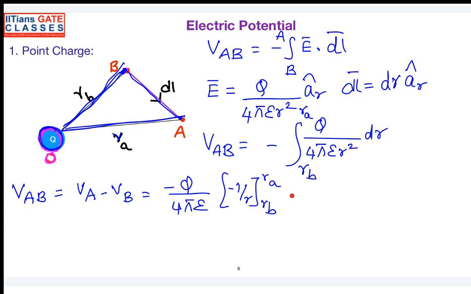So that is q by 4 pi epsilon into 1 by RA minus 1 by RB.